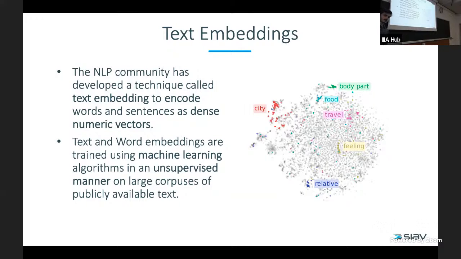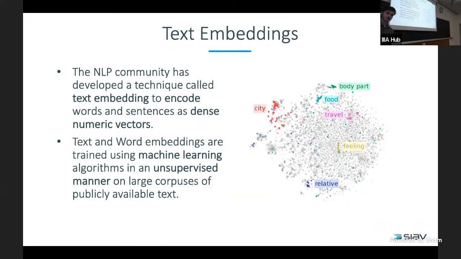As you can see from the image, these dense numerical vectors are able to grasp the semantic meaning of the context of a sentence, and they will be very similar for words or sentences which are sharing the same meaning. So this seems like a good direction to follow for our system.